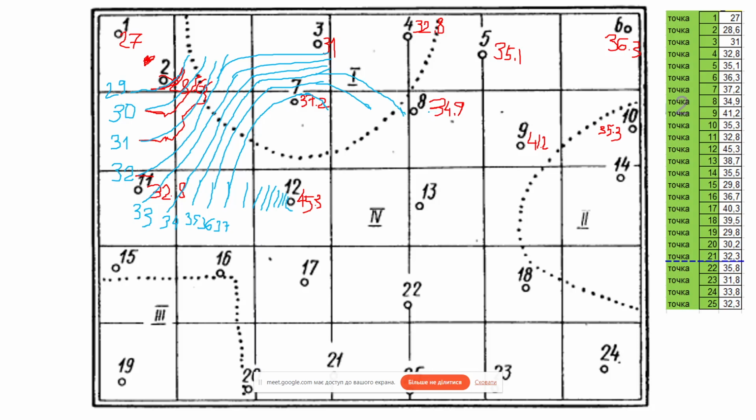And between 34.9 and 41, the 35 line should go something like this.